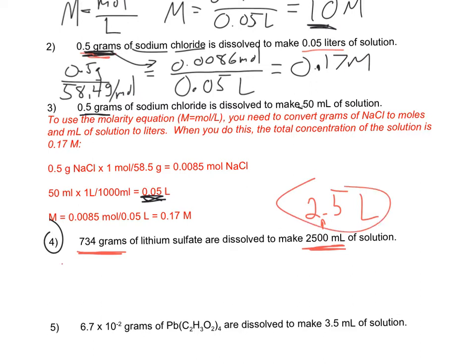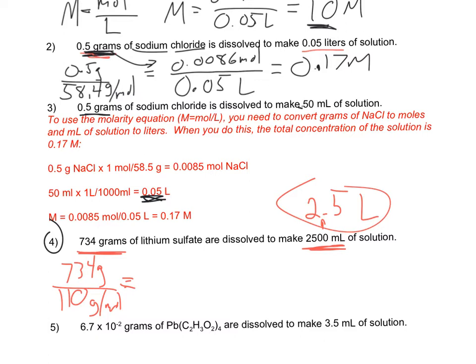To get the moles, we need to take the grams we were given, divided by the molar mass. The molar mass of lithium sulfate is 110 grams per mole. Again, that was given to you, but you could look up lithium, and then sulfate is SO4. You could add all that up, and it comes out to 110 grams.